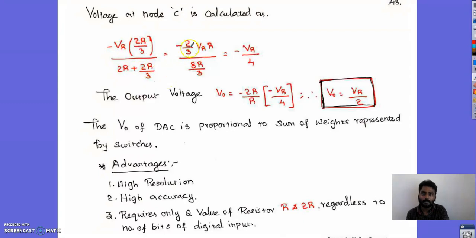A simplification process is done, and finally it is given as minus VR divided by 4. So your output voltage will become minus 2R by R into minus VR divided by 4, which will become V0, the output voltage, is equal to your reference voltage divided by 2.